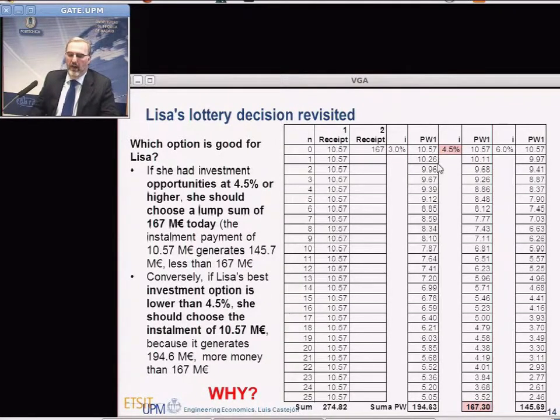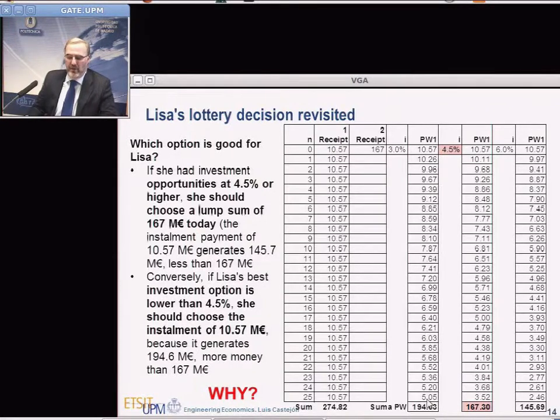So what we are going to calculate now is the present value of all these cash flows, every year's cash flows. We are going to know the present value of today. So for example, what is the present value today of the 25th payment, which will be 10 million euros?